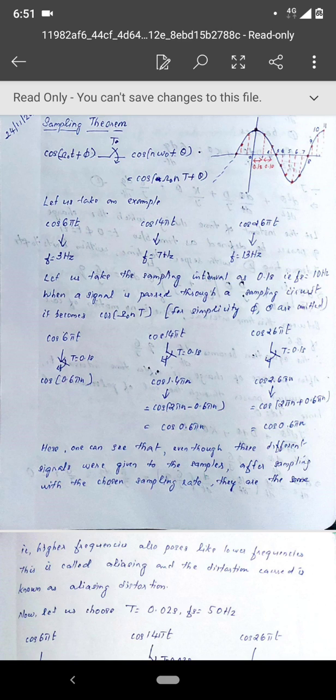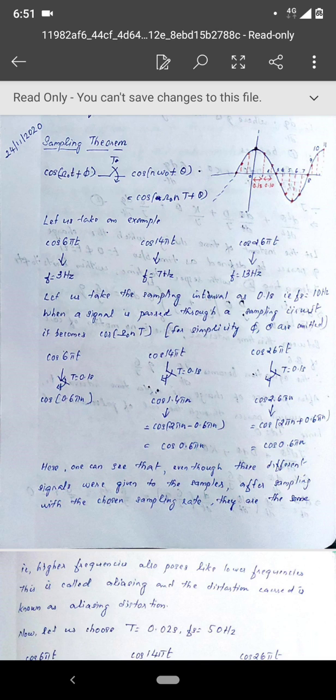One thing you have to understand is that even though you are passing the signal through the sampler, the signal is still continuous in amplitude, because you are finding the values at different values of small n. Such a signal, the output of a sampling circuit, is not a digital signal, but instead it is called a discrete time signal, because the amplitude is still a continuum. Only thing is that you are chopping the signal at different instances of time.